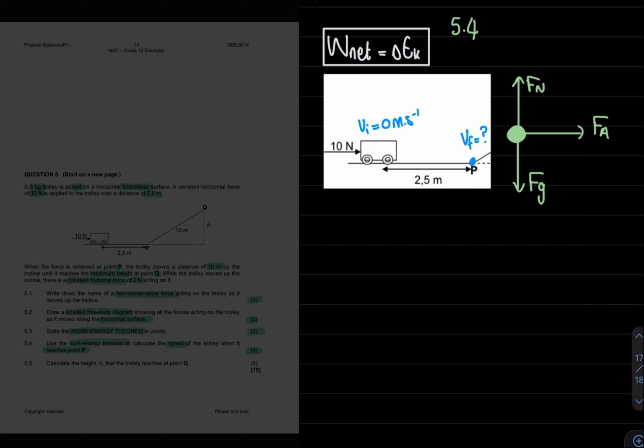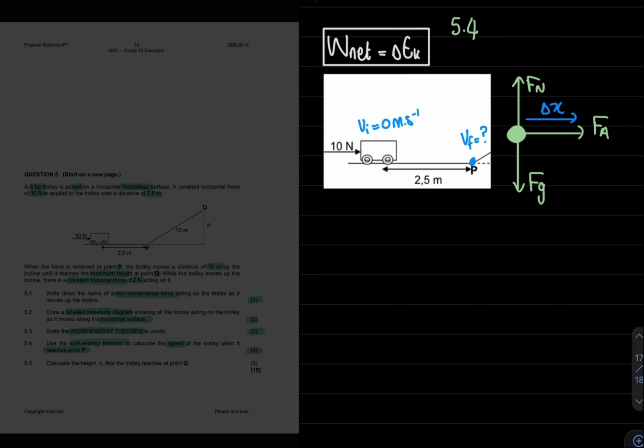Looking at our free body diagram, we can see that we only have an applied force working in the direction of motion, and my displacement is also to the right. Displacement is also a vector, and I'm indicating it because when we calculate work, work is the force times displacement and the angle between these two vectors.